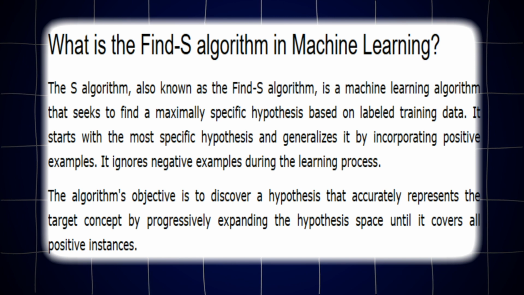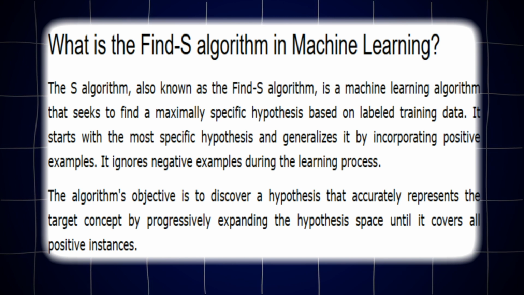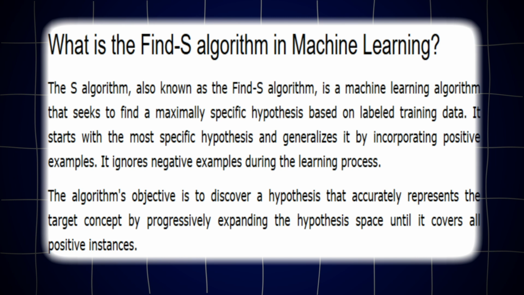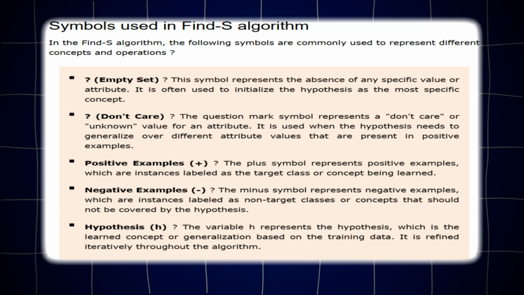It ignores negative examples during the learning process. The algorithm's objective is to discover hypotheses that accurately represent the target concept, progressively expanding the hypothesis space until it covers all positive instances.